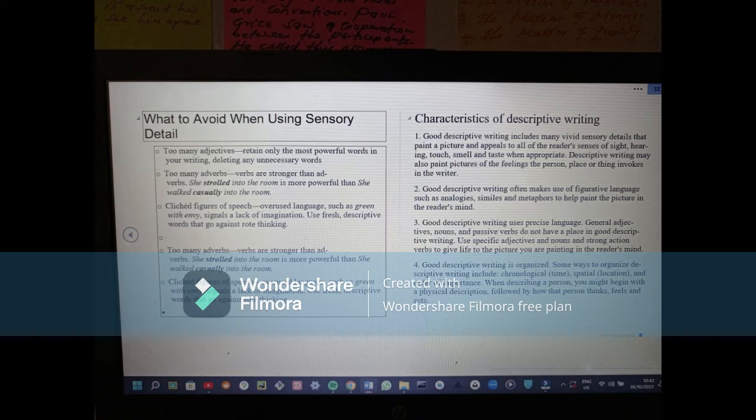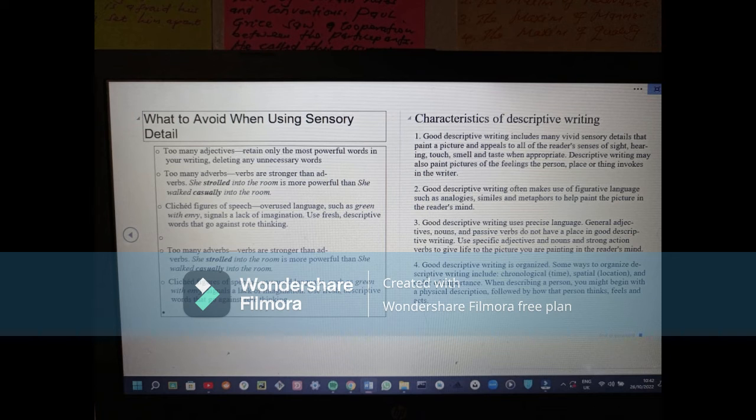Now, as I wind up this session on descriptive writing, what are the characteristics of descriptive writing in a nutshell? Number one, good descriptive writing includes many vivid sensory details that paint a picture and appeal to all of the reader's senses of sight, hearing, touch, smell, and taste when appropriate.